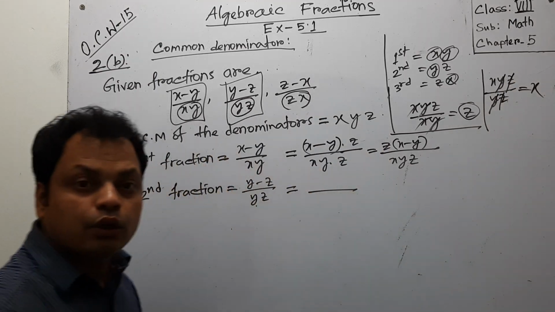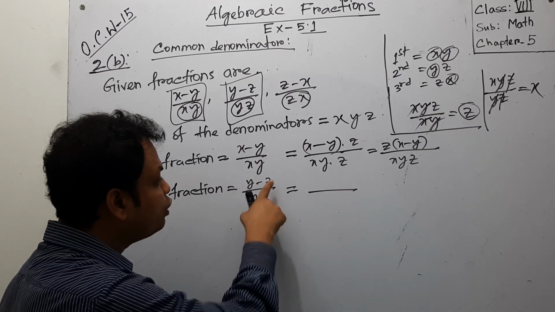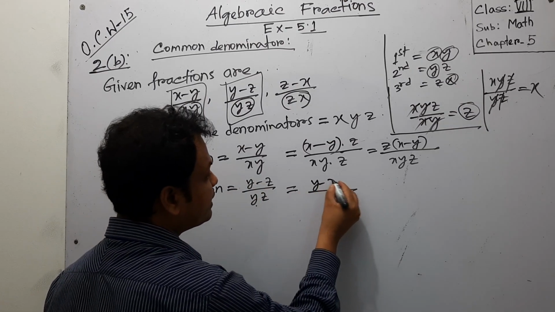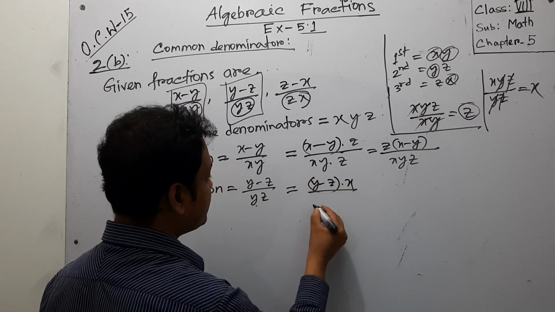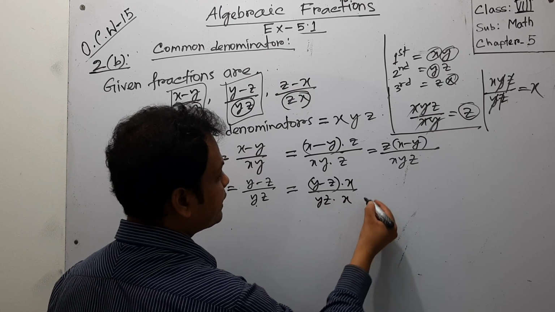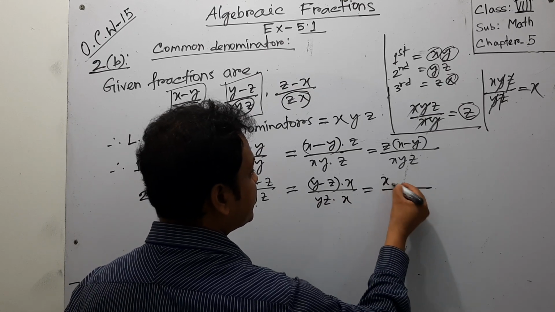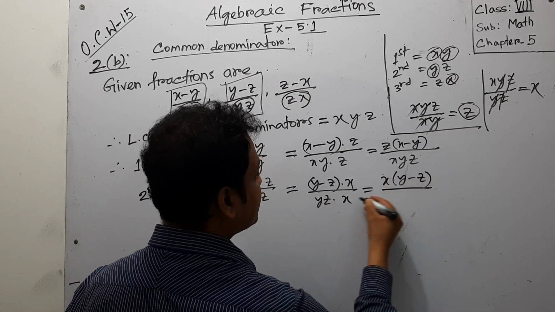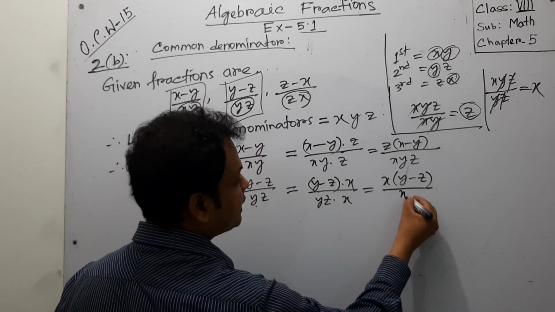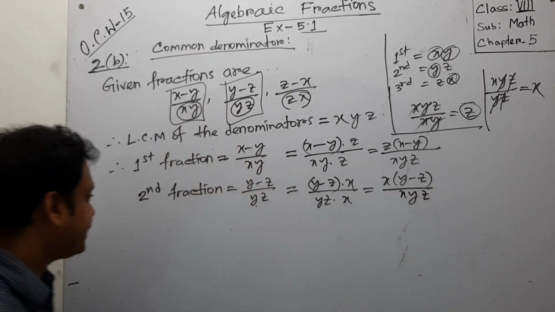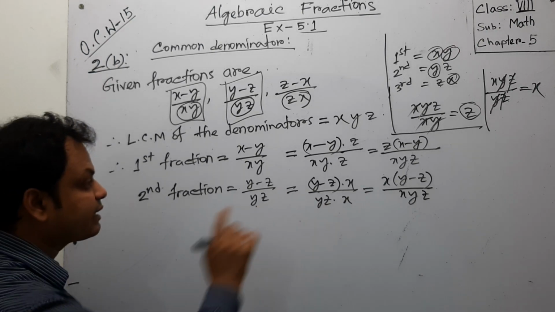So x will be multiplied with both numerator and denominator. Then we get y minus z into x, yz into x. After multiplying, we get x into y minus z divided by xyz. So this is the second fraction.